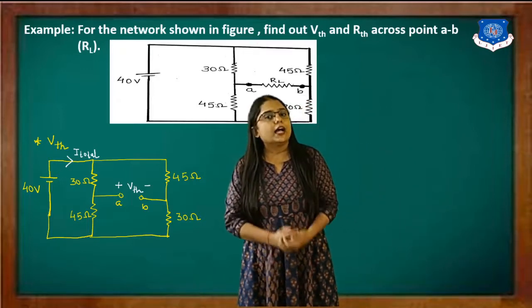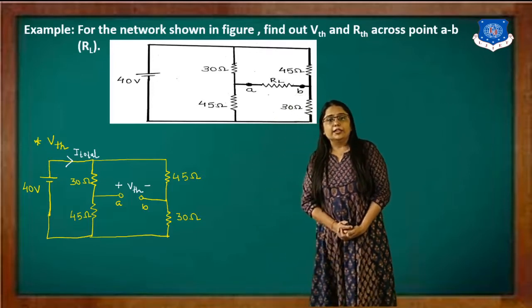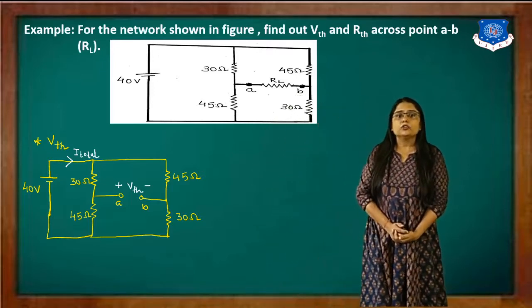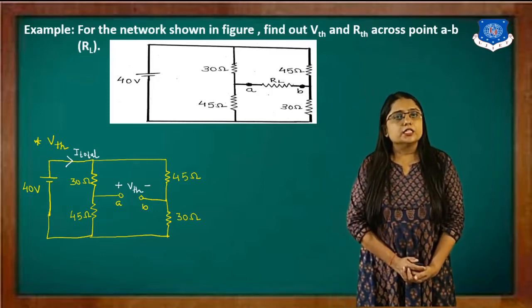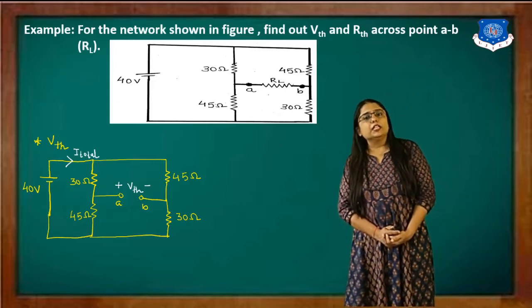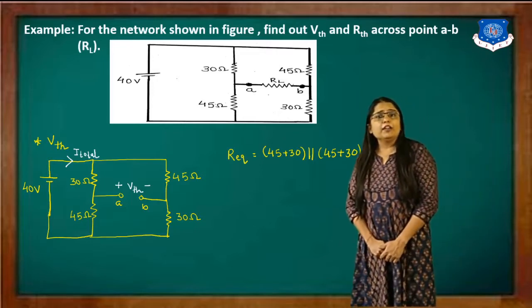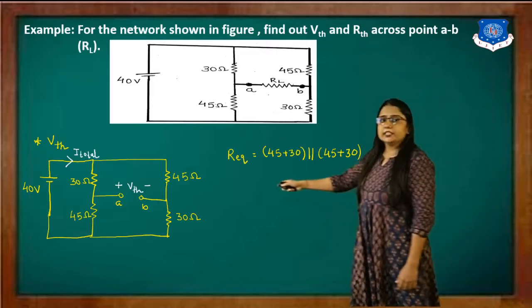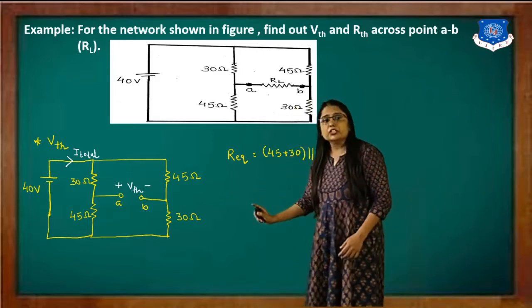That is I total. So in order to find out the value of I total, what do I require? I require the equivalent resistance of the network, which you can find out with the help of series-parallel. So R equivalent is what? You just see this 45 and 30, that is connected in which connection?